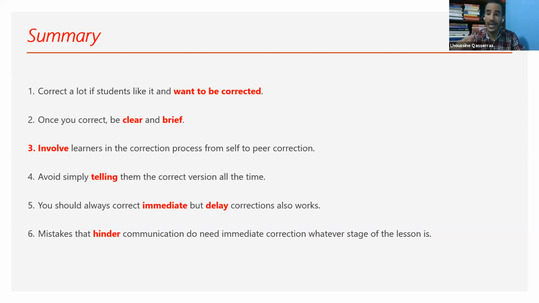Okay. Or you delay if communication is clear, is obvious, the message we can understand. Number six, mistakes that do not hinder communication do not need immediate correction, whatever stage of the lesson it is.